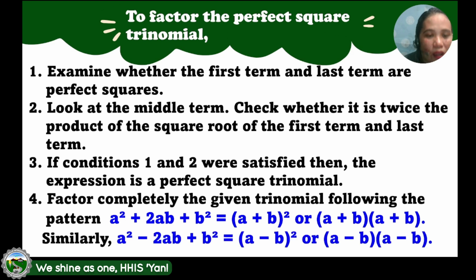Similarly, a squared minus 2ab plus b squared is equal to the square of a minus b, or the quantity a minus b times the quantity a minus b. So, para mas maintindihan natin ang process ng pag-factor ng perfect square trinomials, let us have some examples.